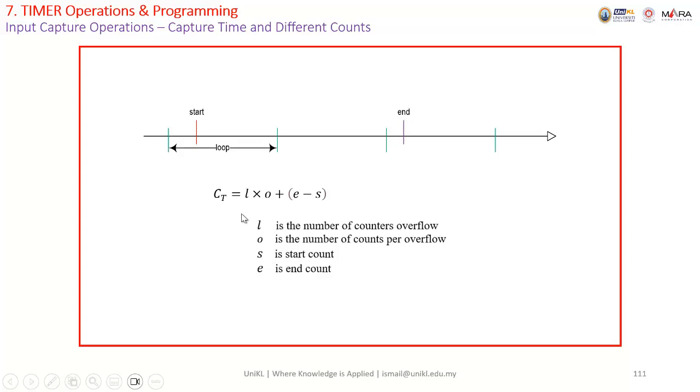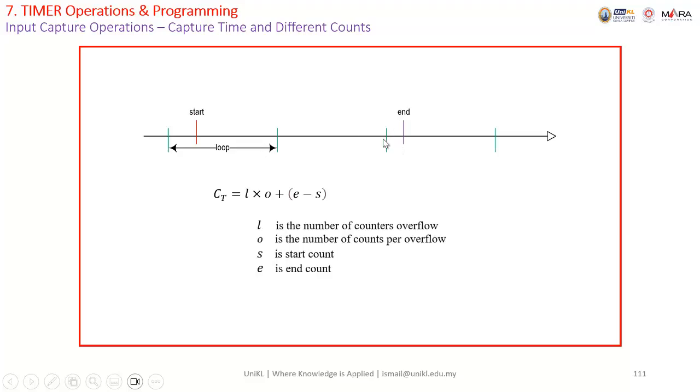CT equals L multiplied by O, plus E minus S. L is the number of counter overflows, O is the number of counts per overflow, S is the start count, and E is the end count. So we can calculate the number of counts from here to here. We need to include two loops here, 1 and 2.